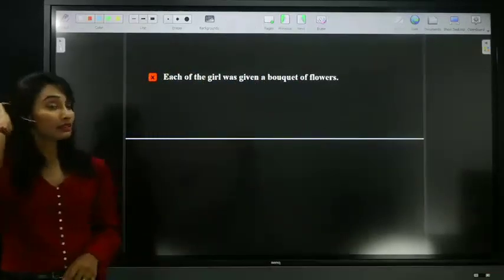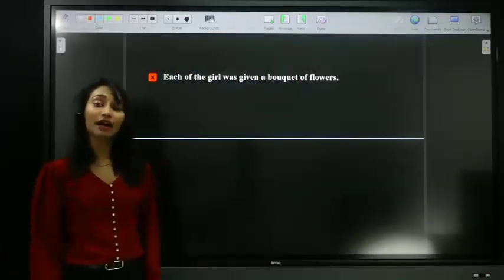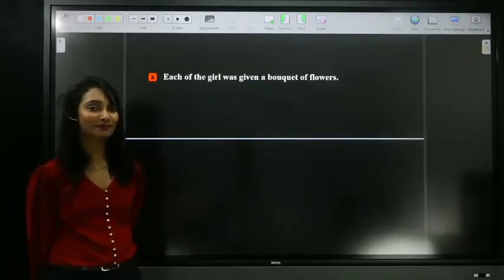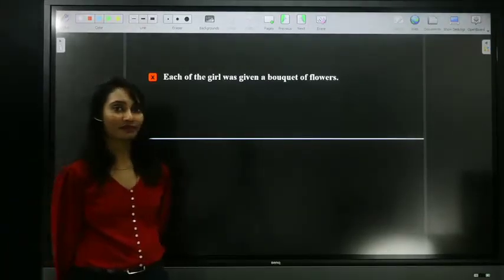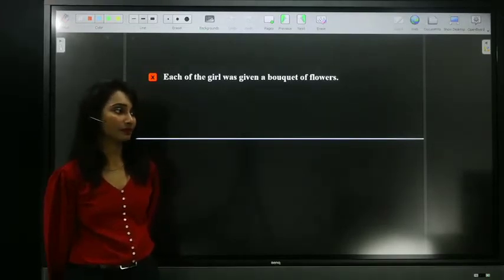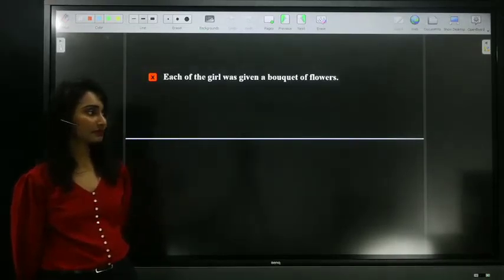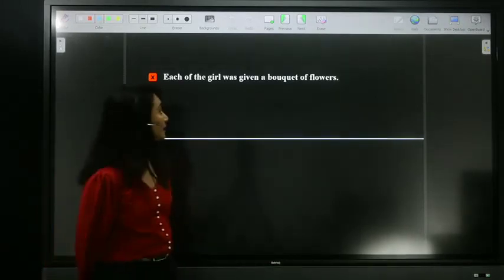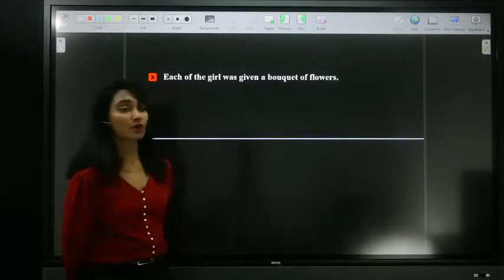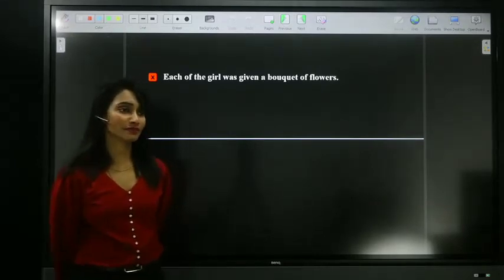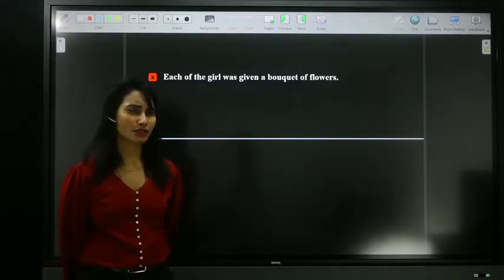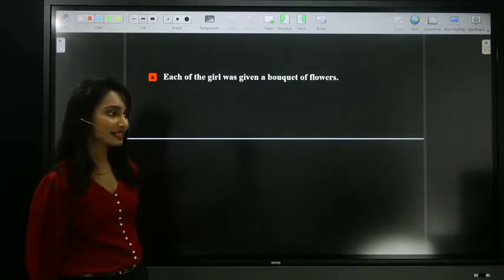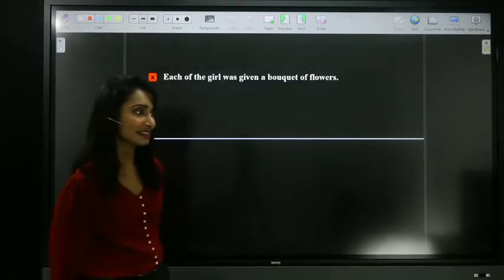Now look at the next. Each of the girl was given a bouquet of flowers. So answer this one. Each of the girl was given a bouquet of flowers. We discussed this in nouns also. Yes, Karthikeyan, you are correct. It is girls.